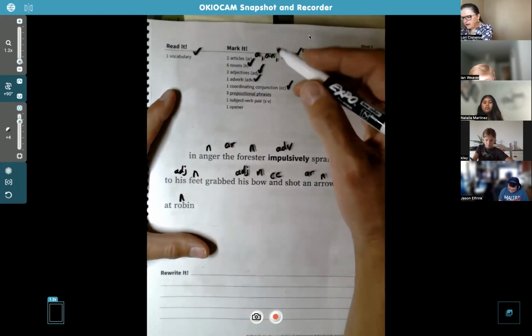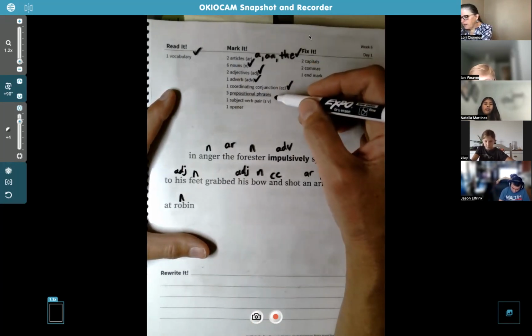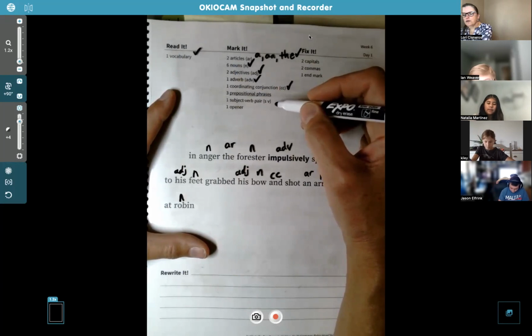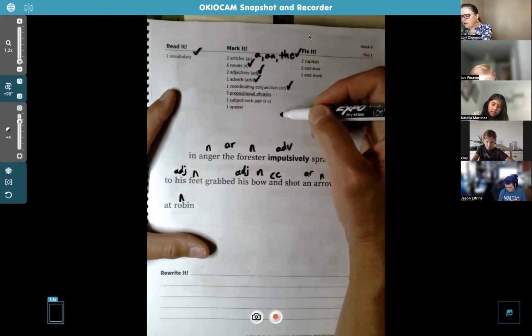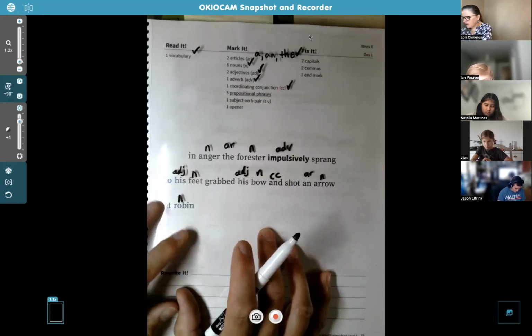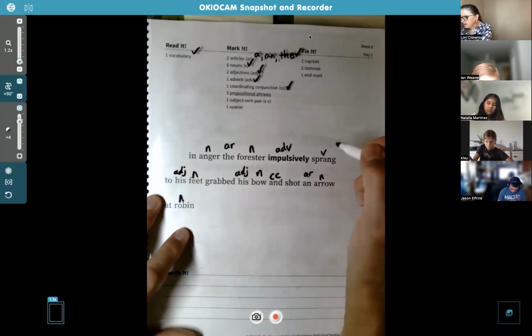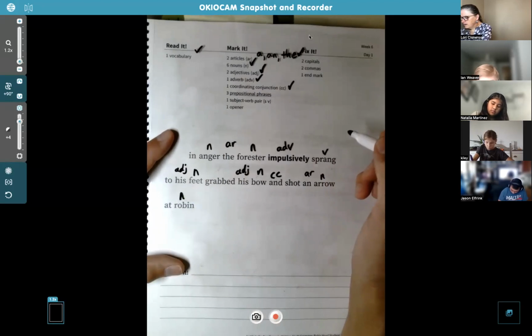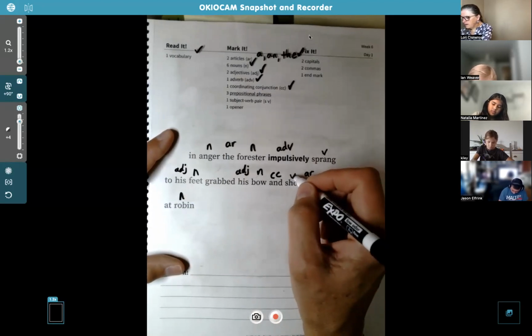I'm going to come back to the prepositional phrases here, and let's move on to the verbs and subjects. So I'm going to go back to Ian. Help me find the verbs in this sentence. The action words. Sprang, good. Shot, good.